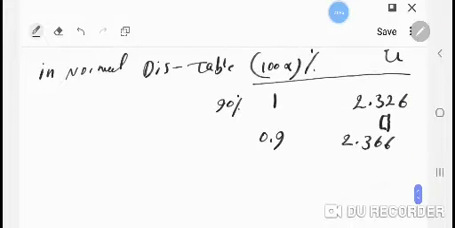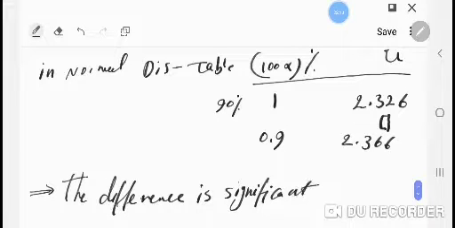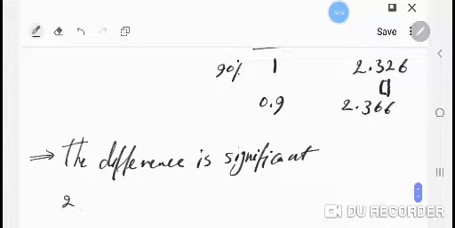Therefore, the difference is significant and there is only a 2% chance that this difference is caused only by random error.